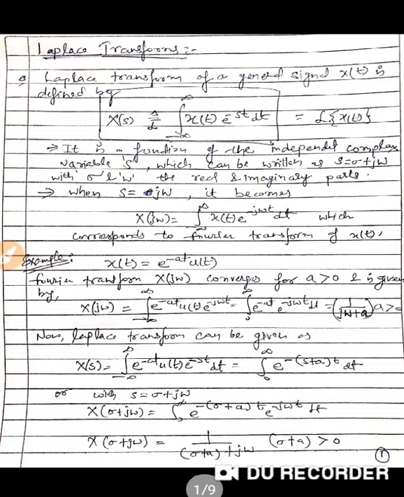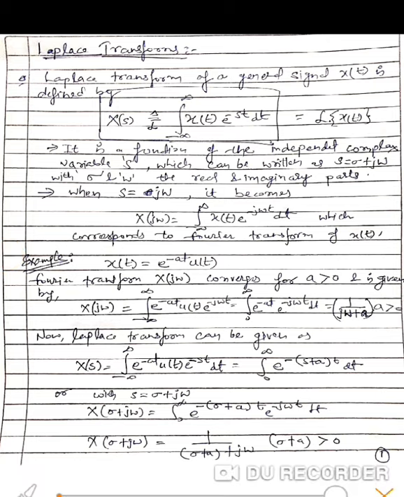So if we make sigma equal to 0, then s will become j omega, and X(s) will become the integral from minus infinity to infinity of x(t) e raised to power minus j omega t dt, which is nothing but the Fourier transform of x(t).